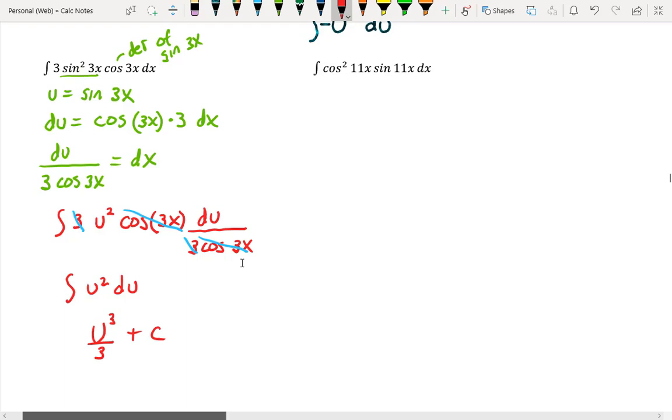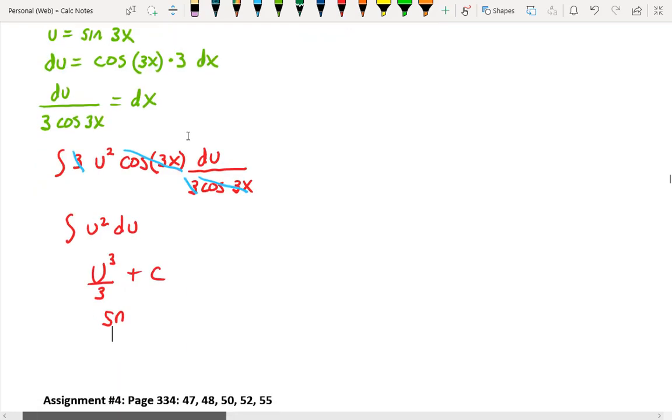And since u was equal to sine 3x, I know that this is going to be sine of 3x. I'm going to write this two different ways here.